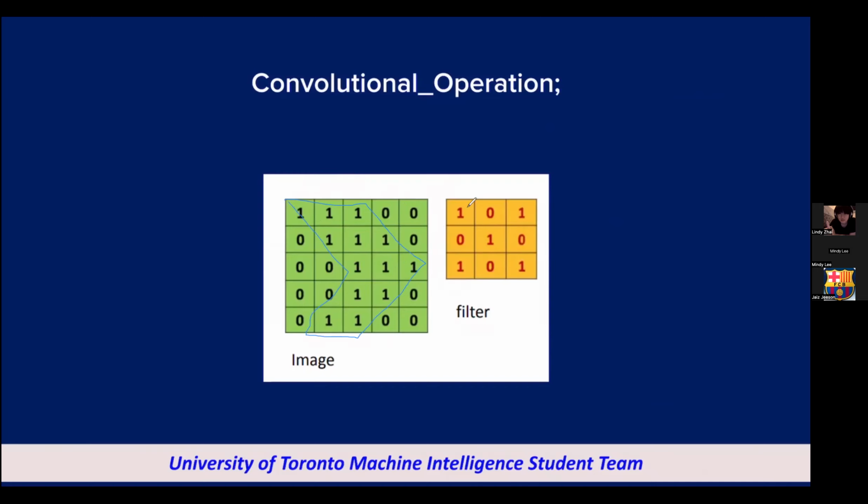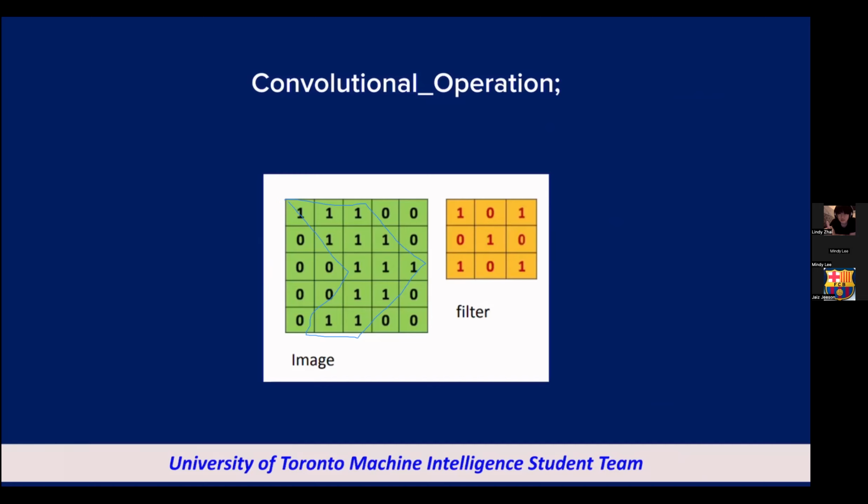And the right side is the filter that we have to extract the information in each area. Convolution is really easy because we're just superposing the filter on top of the image and doing the dot product.